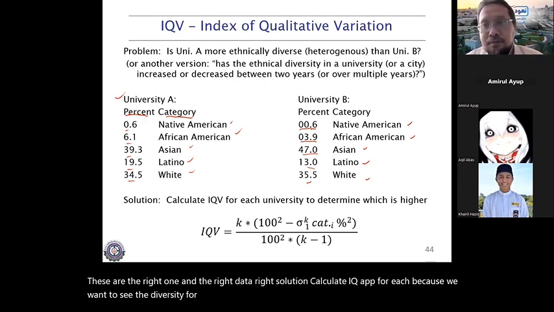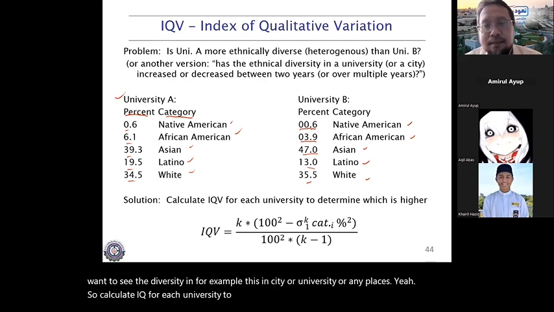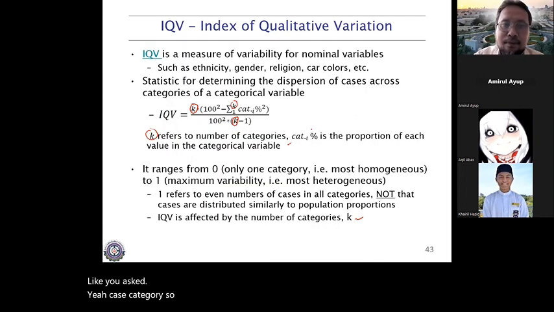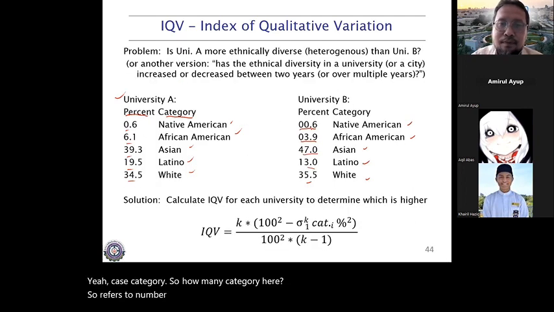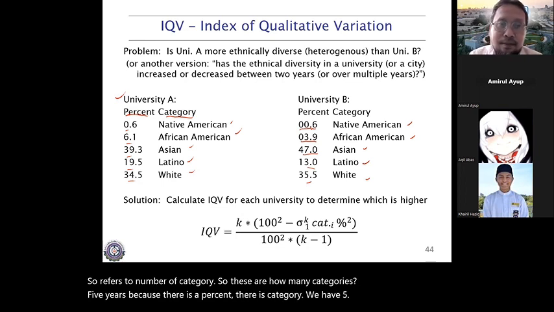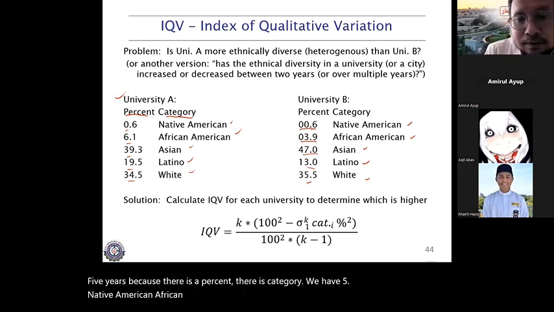The solution: calculate IQV for each, because we want to see the diversity in, for example, a city or university or any place. So calculate IQV for each university to determine which is higher. We just find IQV. K is the number of categories. So how many categories are here? Five, yes, Native American, African American, Asian, Latino, and white.